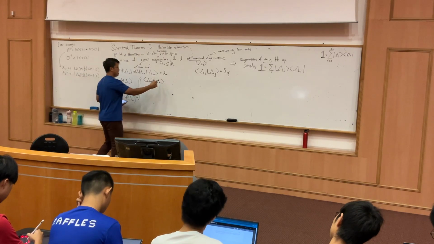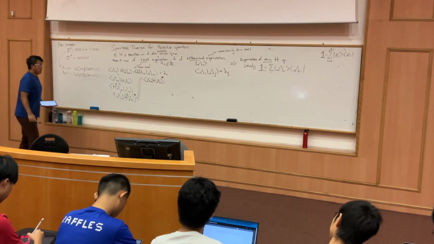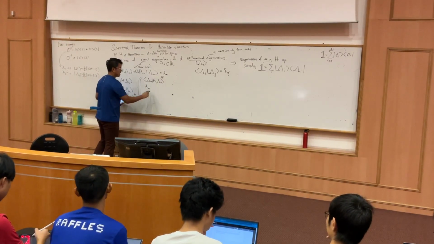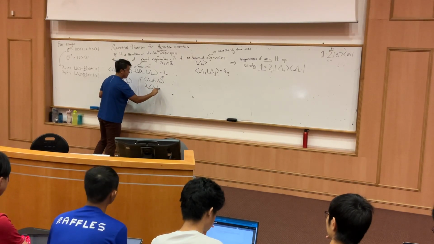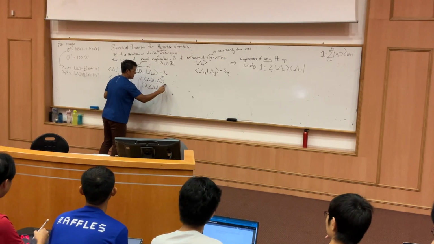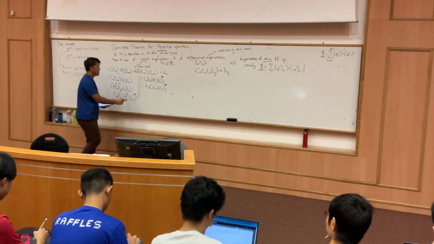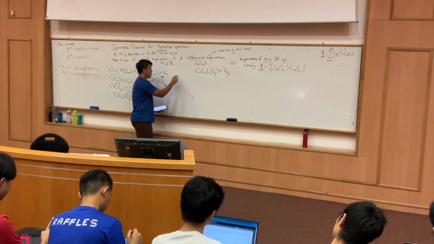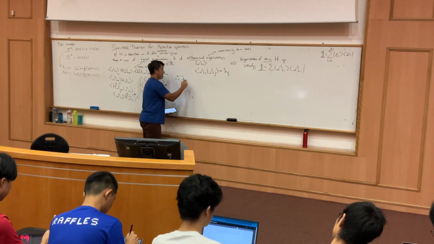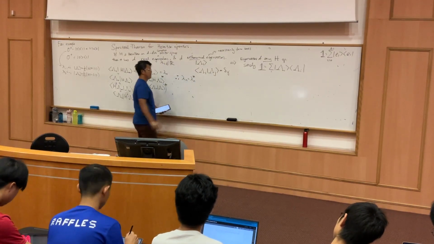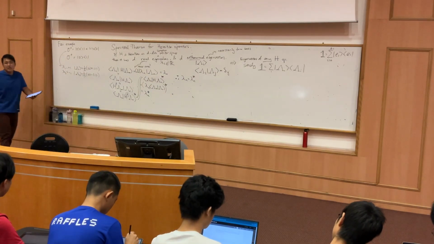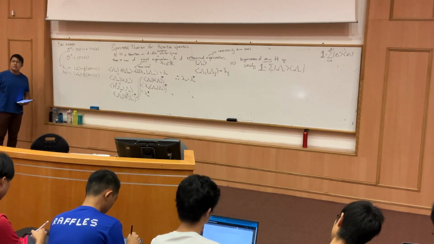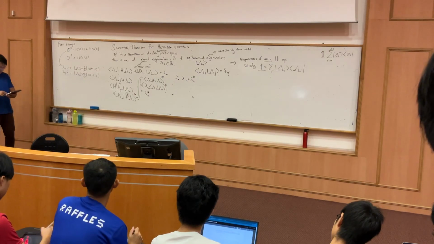But H acting on big Lambda gives me small lambda times big Lambda. And don't forget to star everything. So that ends up being small lambda star. So the conclusion, if we follow that logic, is that lambda n equals lambda n star. That means that it's real. The eigenvalue is real, and that follows from the property of being Hermitian.